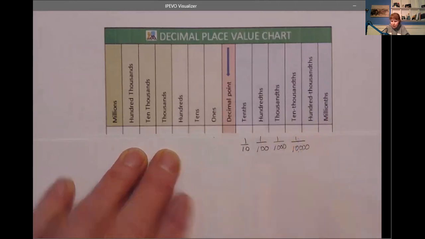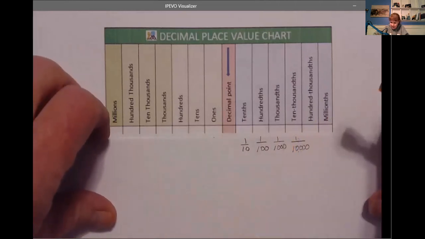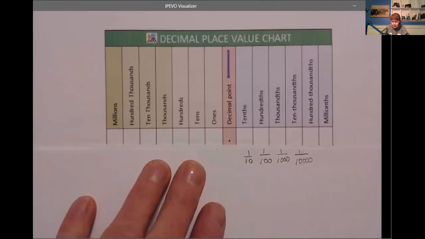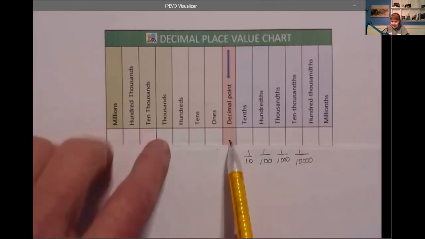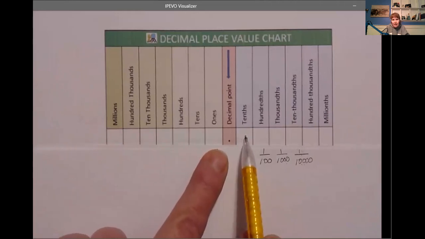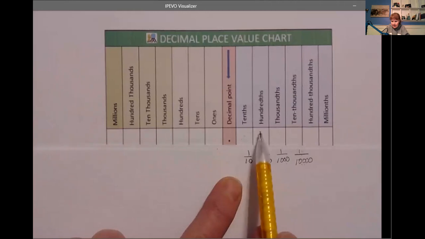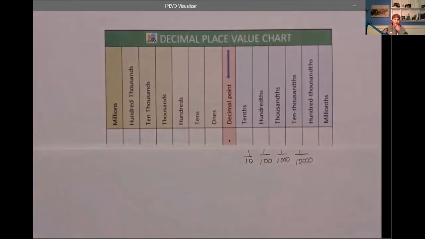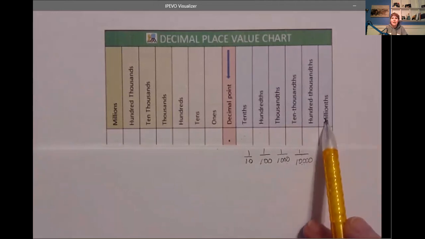Just remember that when you go past the decimal here, let me move it down just a smidge. When you go past this decimal over here, we don't have a ones place. You start with tenths. Over here on the left, you start with the ones. That's kind of the only difference. And then you have the TH. So just think about how small millionths would be.